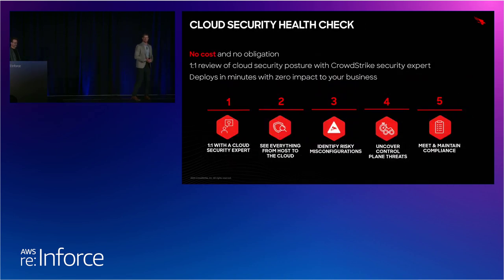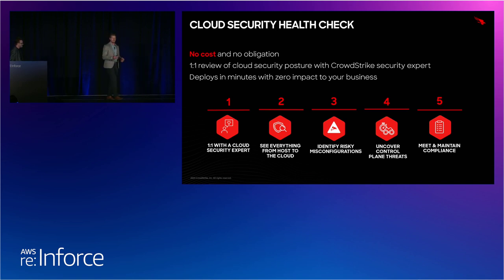And with that said, you can try this on your own. We have what's called a cloud security health check, and it's no cost, no obligation. It's free for you to run, and I've got a QR code for you on the next page. Basically, we can deploy Falcon Cloud Security, give you visibility into all of your resources, and you can talk with one of our experts to identify risks across your cloud environment.